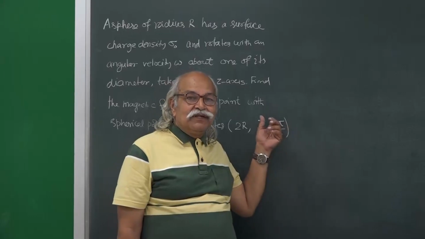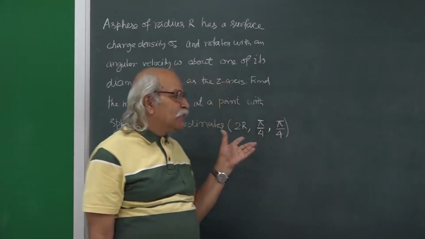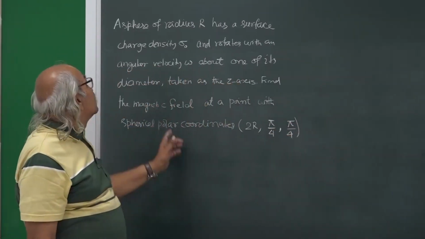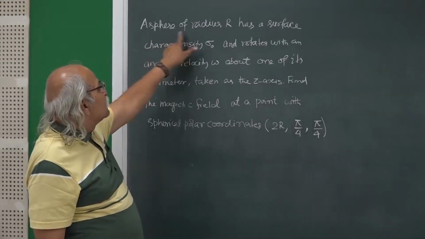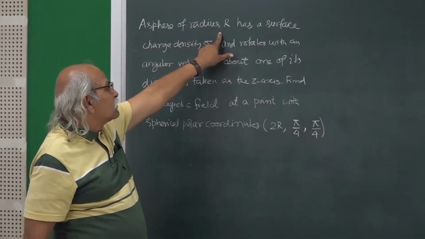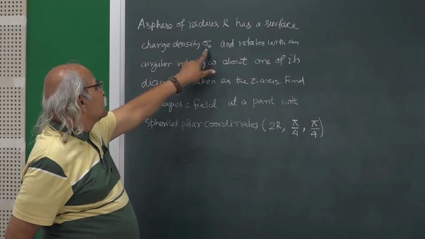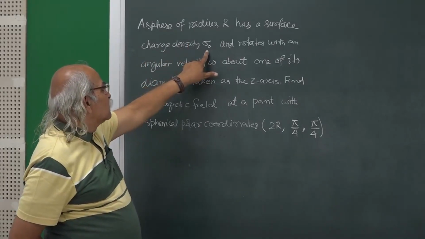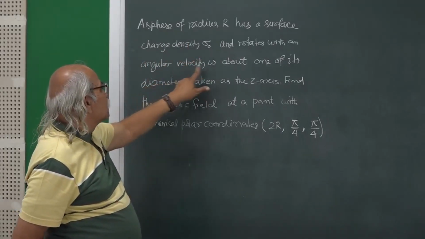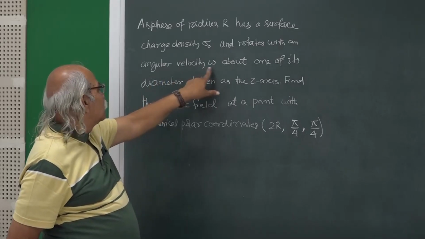Okay, so our next question, and perhaps the last question, is: a sphere of radius capital R has a surface charge density sigma naught and rotates with an angular velocity omega about one of its diameters.